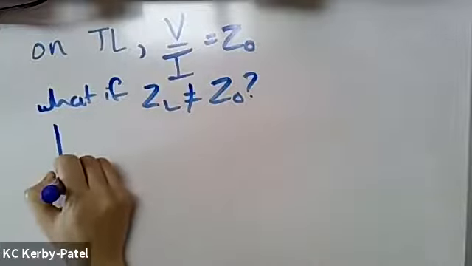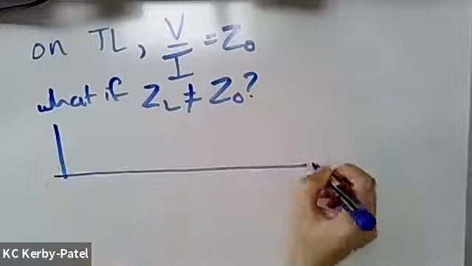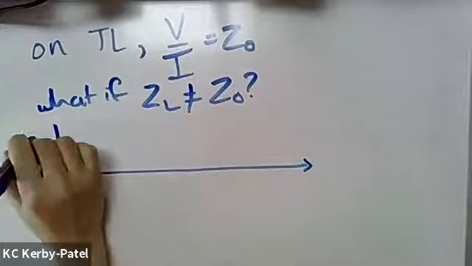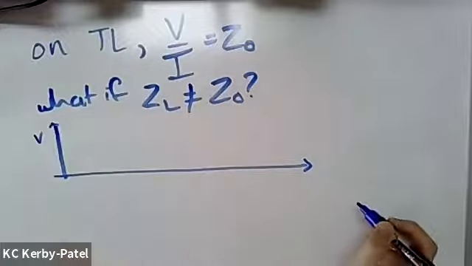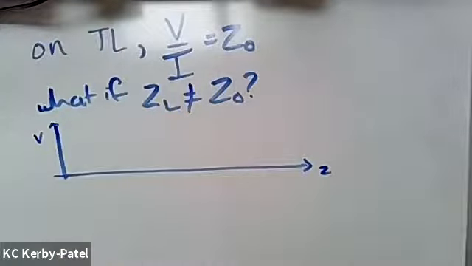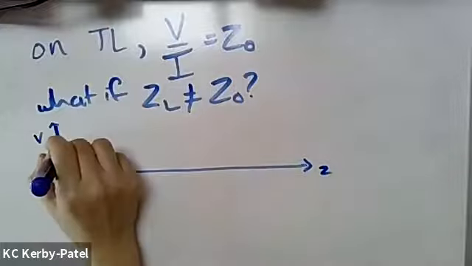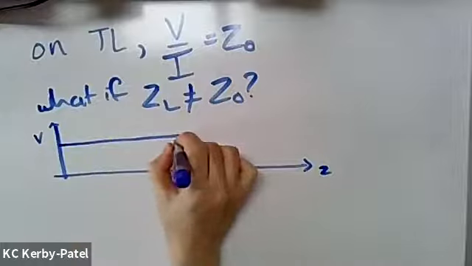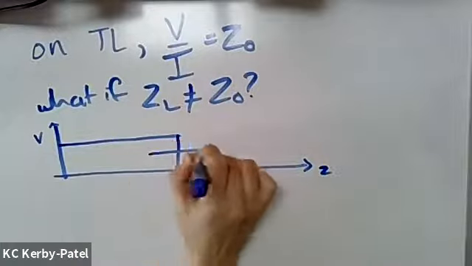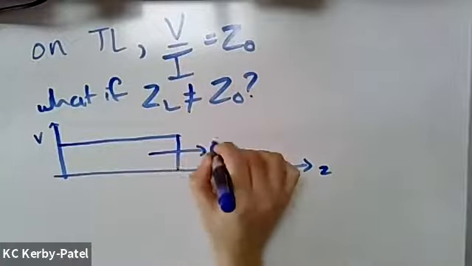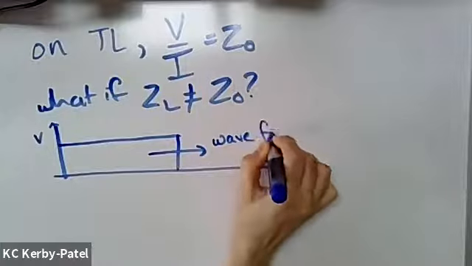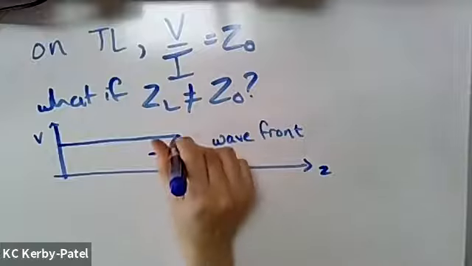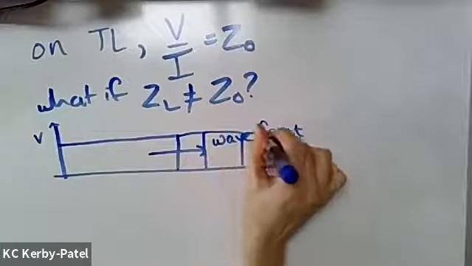Let's take a look at this. I'm going to name this the voltage, and this is Z. And at some time after that switch is closed, the voltage kind of looks like this, and we have this wave front that's traveling down the transmission line. And it keeps traveling down, and it keeps traveling down.